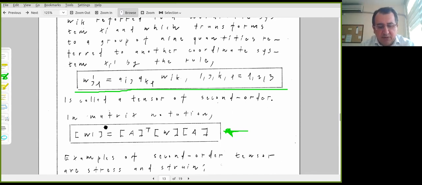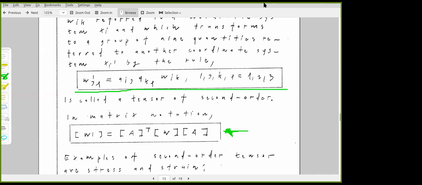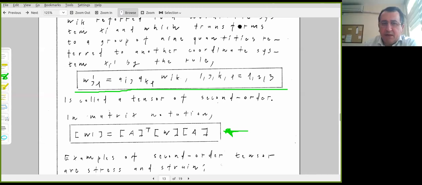And can you give examples for a second order tensor? Can you give examples on this? Any quantity transforming in this way is named as a second order tensor. Stress, for example, sigma ij, transforms as a second order tensor.